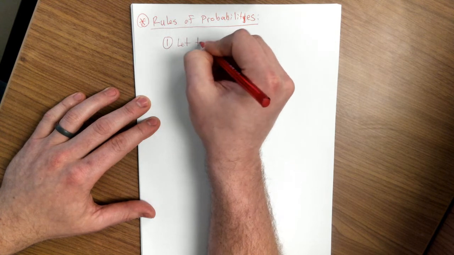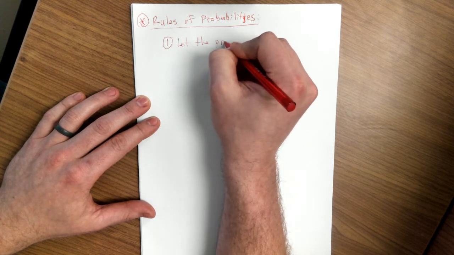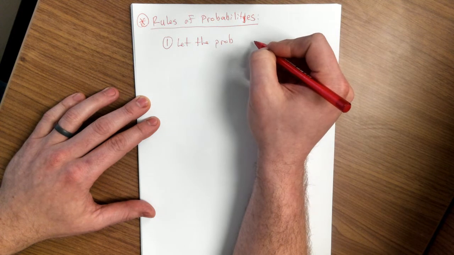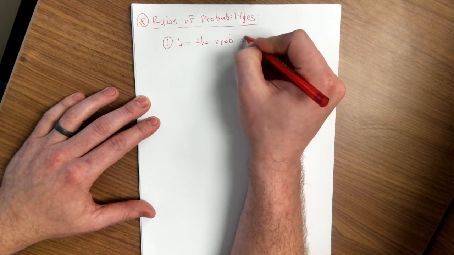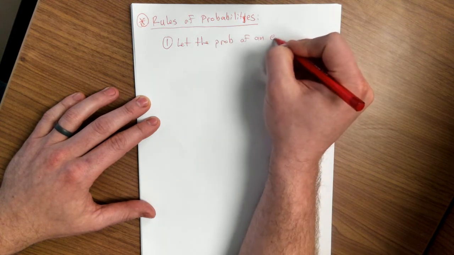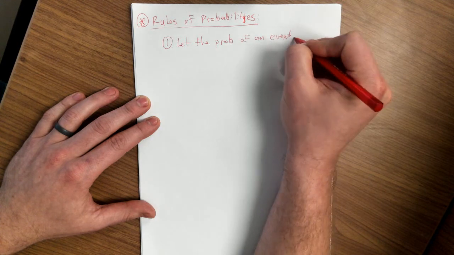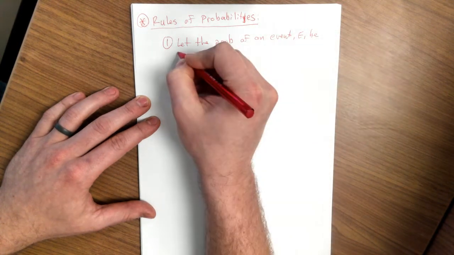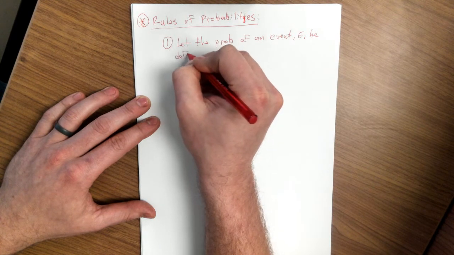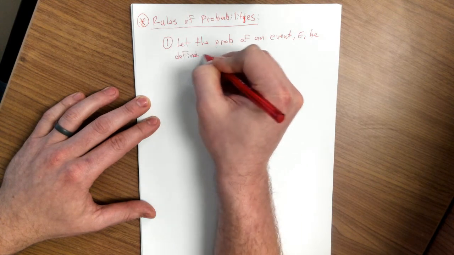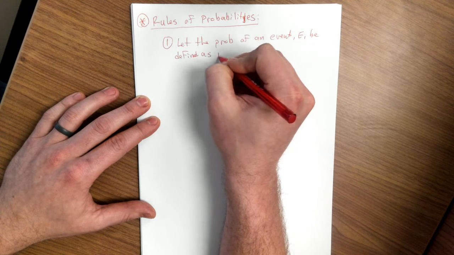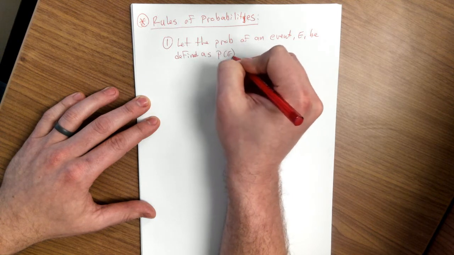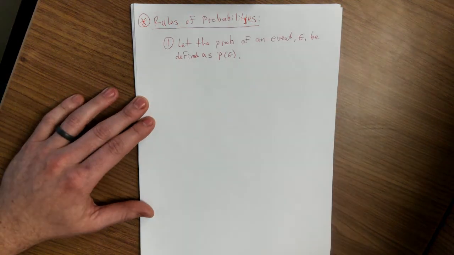First thing to know for the rules of probabilities: let the probability of an event, we'll call it capital E, be defined as P of E. Real simple statement here, just write it down in your notes.